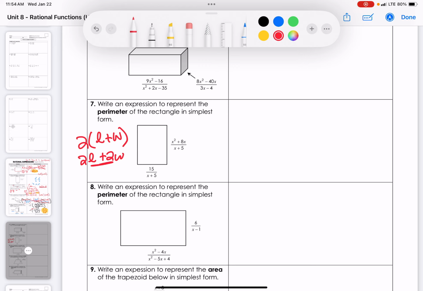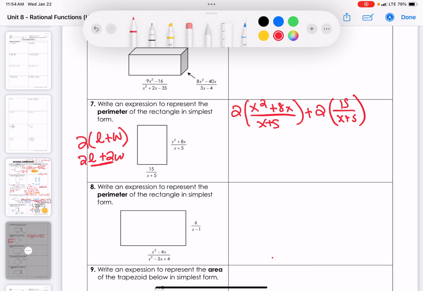So I have 2 times x squared plus 8x all over x plus 5, and then plus 2 times 15 over x plus 5.